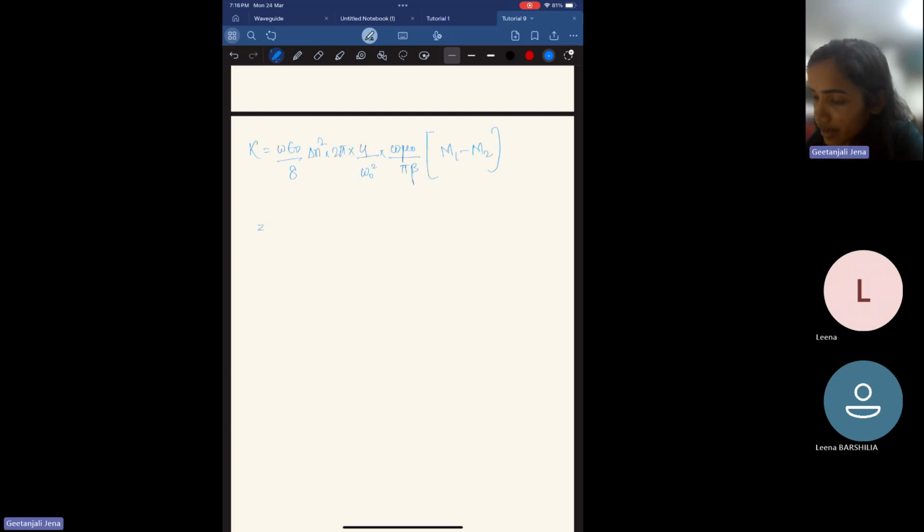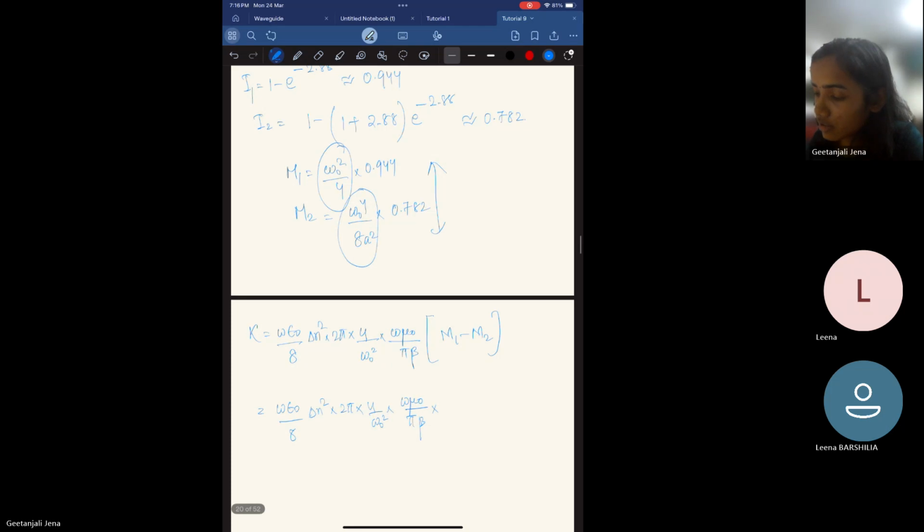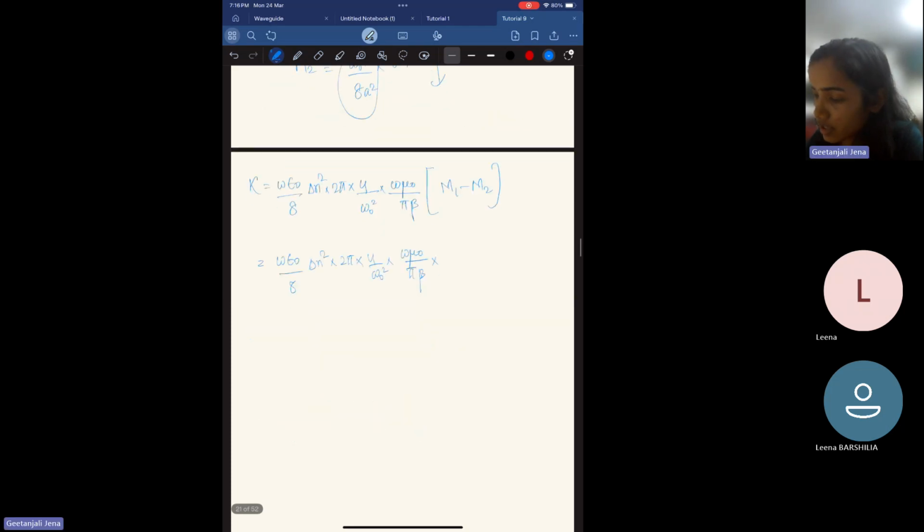In M1 and M2 we can take a common factor: omega 0 square by 4 outside.